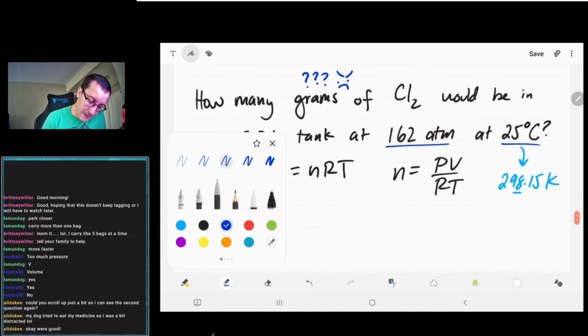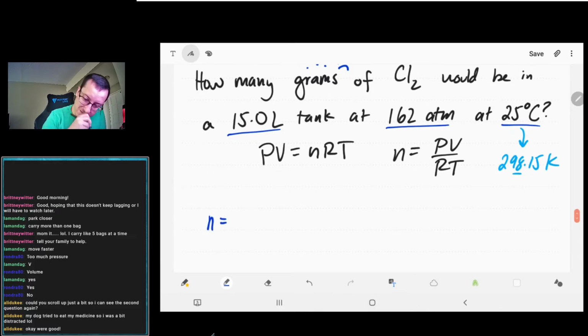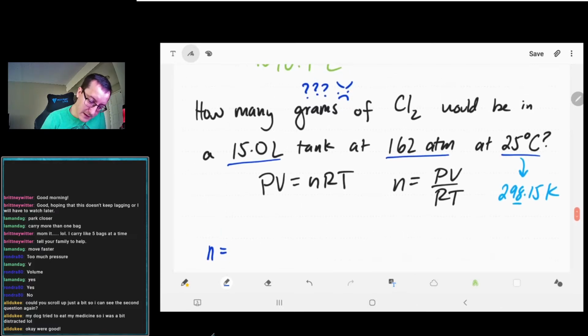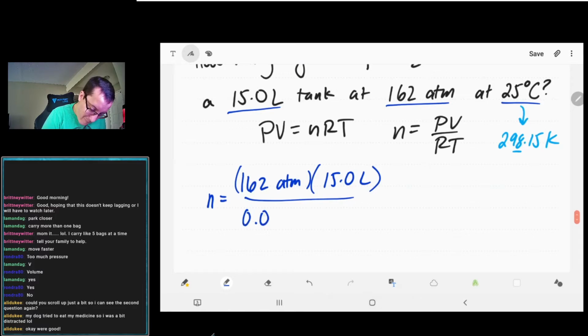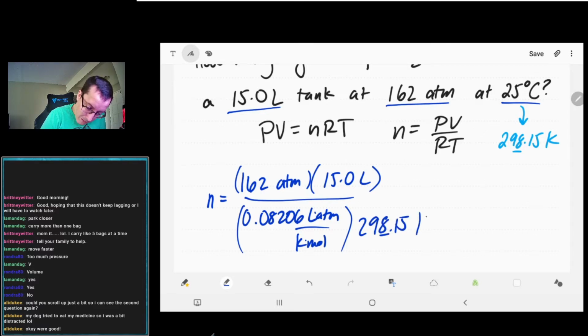Alrighty, so let's do it. So n is equal to, where is the pressure? 162 atmospheres times 15 liters, divided by the gas constant, divided by the temperature. 162 times 15 divided by 0.08206 divided by 298.15.